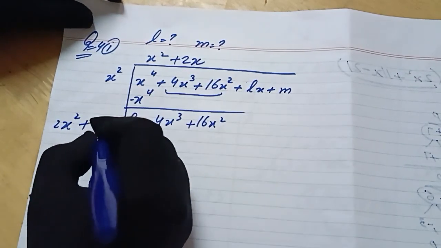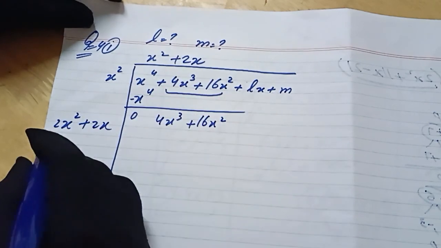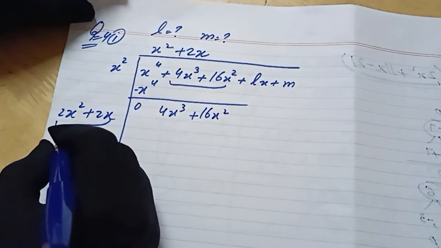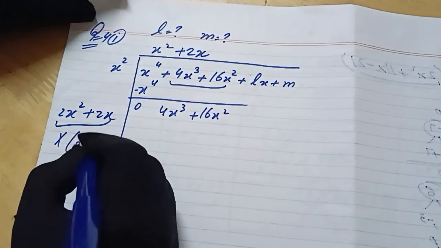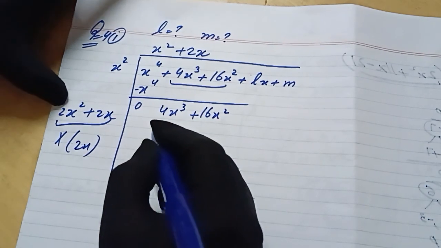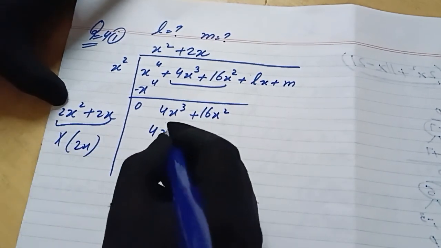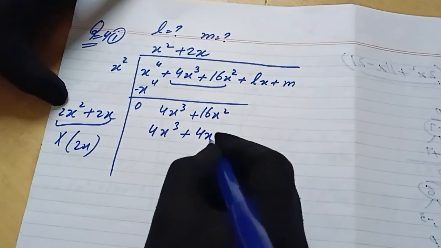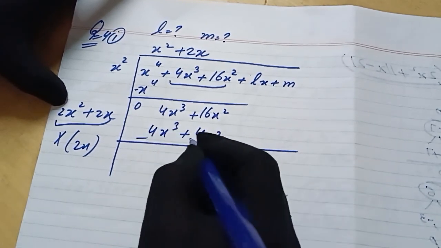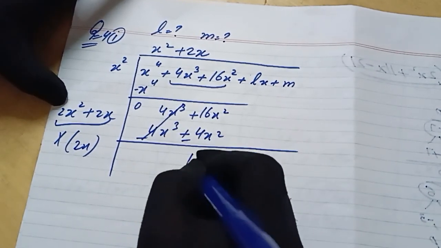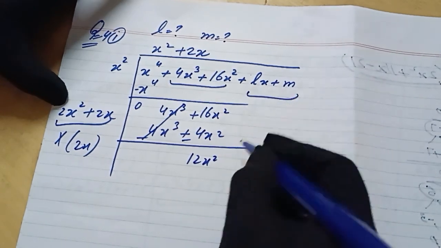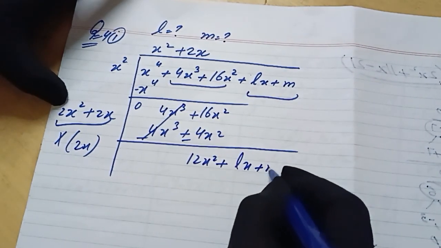Write down this term over here also and multiply this term with complete divisor. So when you are multiplying it with complete 2x, you are getting the answer over here. 2 2's are 4, x cube plus 2 2's are 4, x square. Subtract. 16 minus 4, 12x square. Now bring the pair down, plus lx plus m.